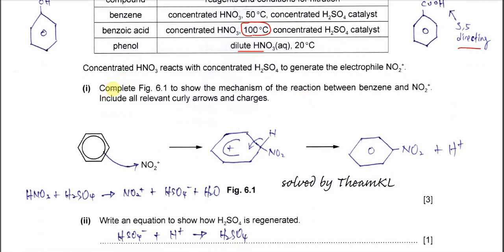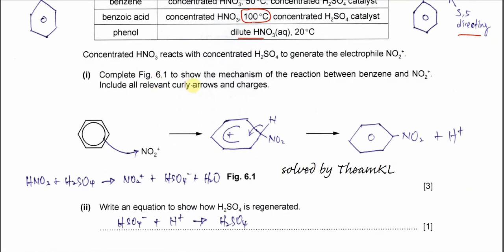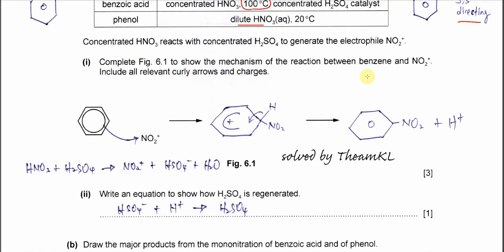Okay, part 1. Complete Figure 6.1 to show the mechanism of the reaction between benzene and the nitronium. So this benzene and nitronium is given. You need to draw the arrow from the benzene ring, pointing to the nitrogen, because the nitrogen is the one that is charged positive.